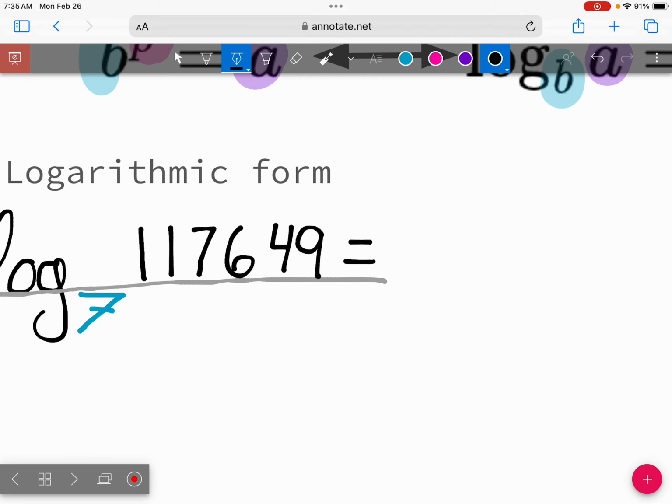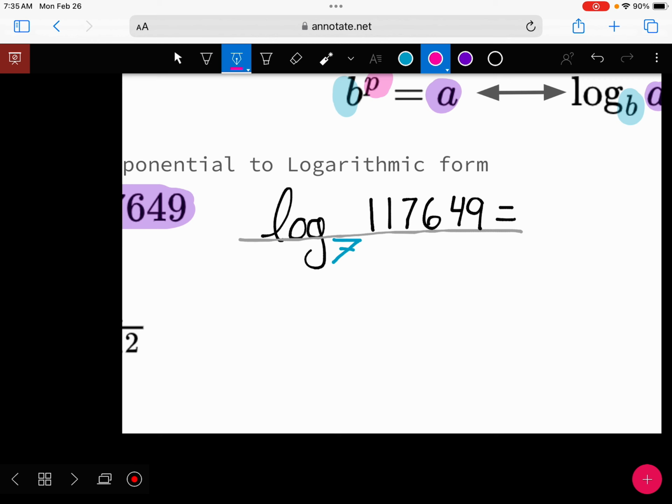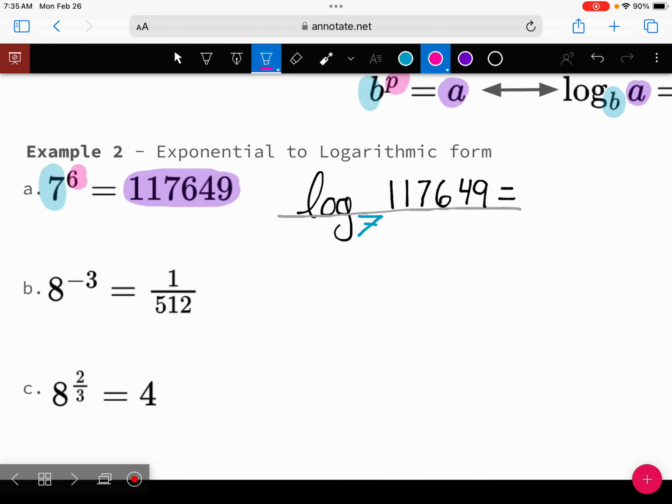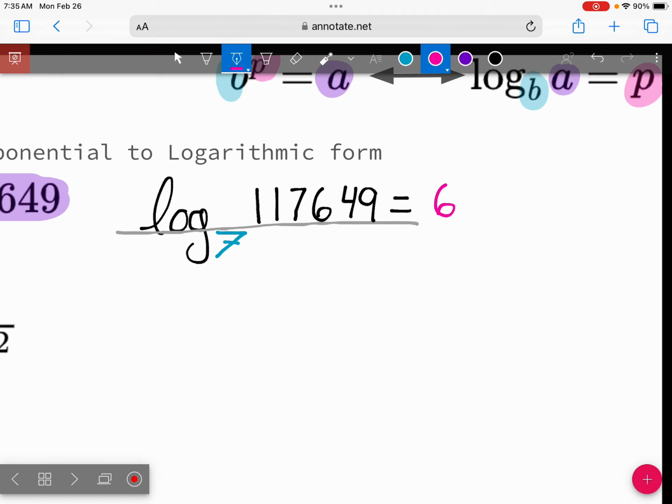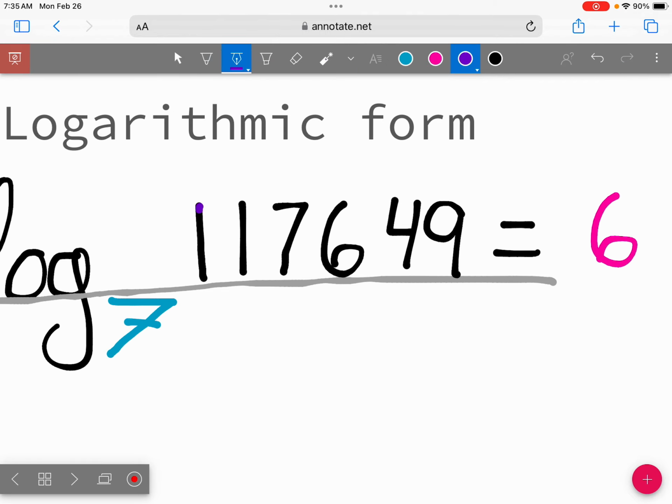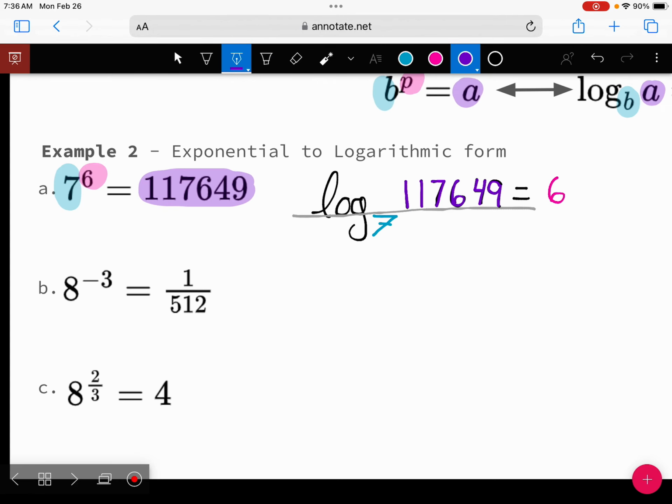And what that's going to do is that's going to equal our power, which is this 6. And that should have been purple. There we go. Fix the color. So again, these two statements mean the exact same thing. They're just written in different forms.